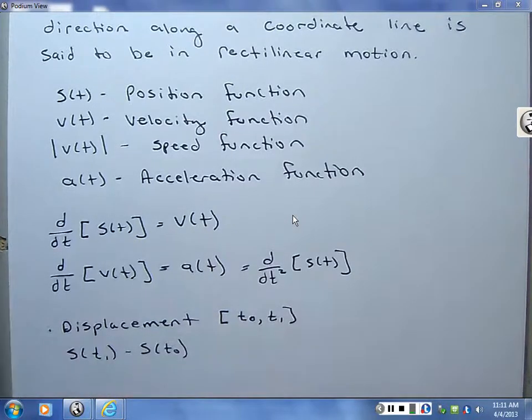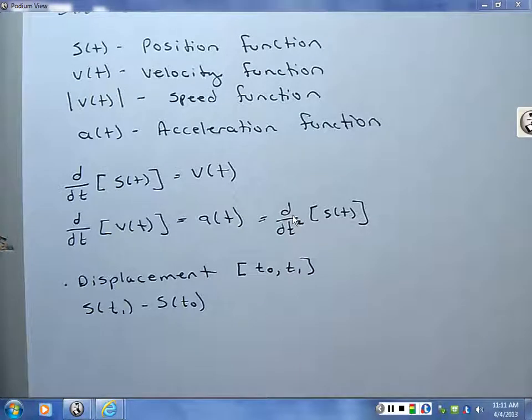If I want to say, what was the particle's displacement, say I'm a particle on this line, and I move to the door, and I turn around and I move back. What was my total displacement? Nothing. 0, right? But what was my total distance traveled to the door and back? So let's say the door is 5 meters. My total distance traveled would be 10 meters.